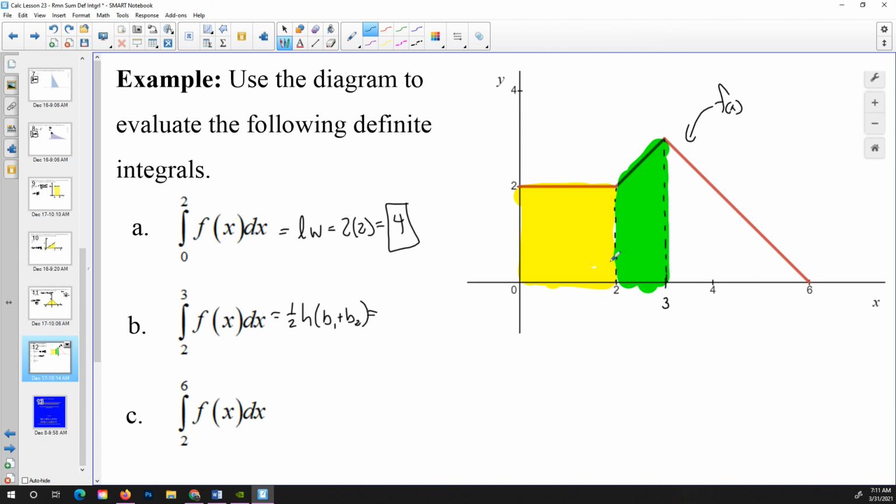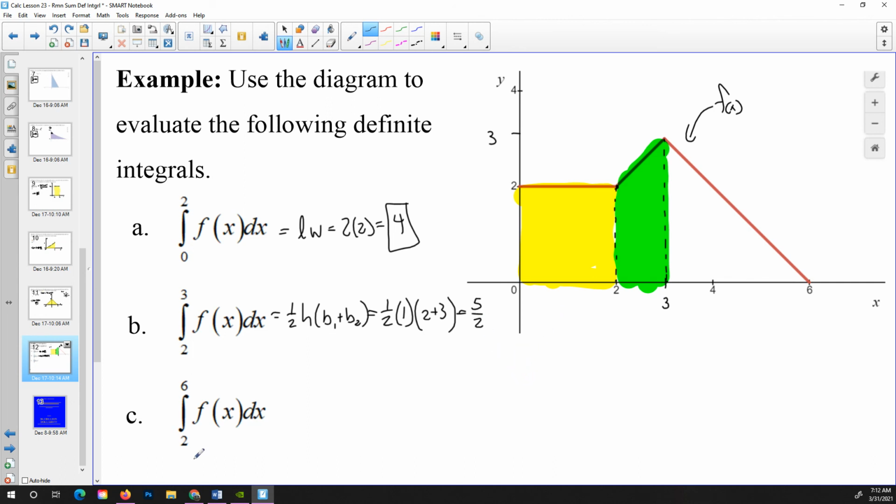In this particular instance, this is my base and that is my base. And so my height is technically the width of this thing. So I'll have 1/2 times, that width is 1. And then base 1 is this height right here, which I can see is 2. And then this height here, I'm going to guesstimate, is 3. And so I have 1/2 times 1 is 1/2. 1/2 times 5 is 5/2.